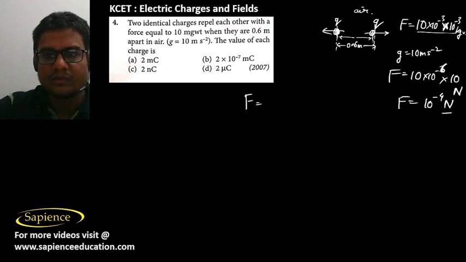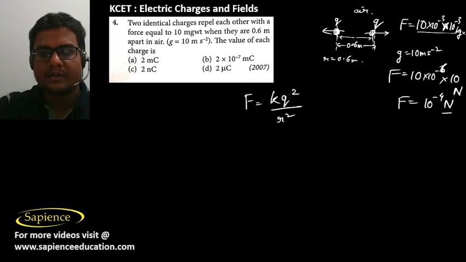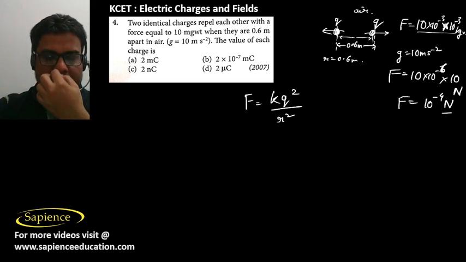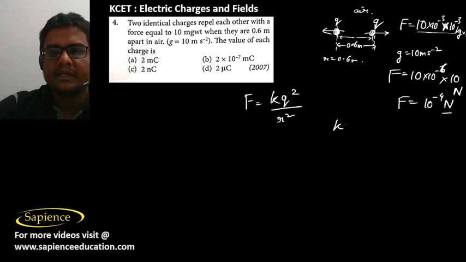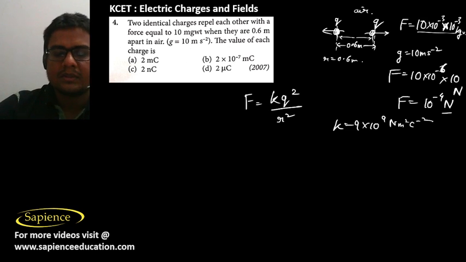The electrostatic force of repulsion will be k q1 q2 by r square, so k q square by r square. Here r is 0.6 meter and we have to find the value of the charge q, and k is given as 9 into 10 power 9 Newton meter square per coulomb square. Therefore this force is same as 10 power minus 4.